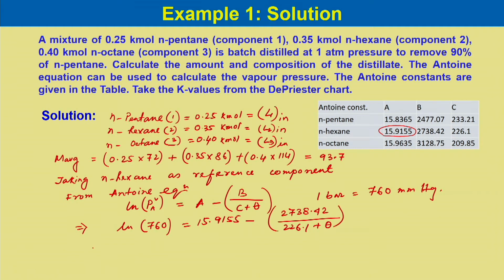So, if we solve this, it would be 6.63 minus 15.9155 equal to minus 2738.42 divided by 226.1 plus theta, and from here we can obtain theta is equal to 68.8 degree centigrade.